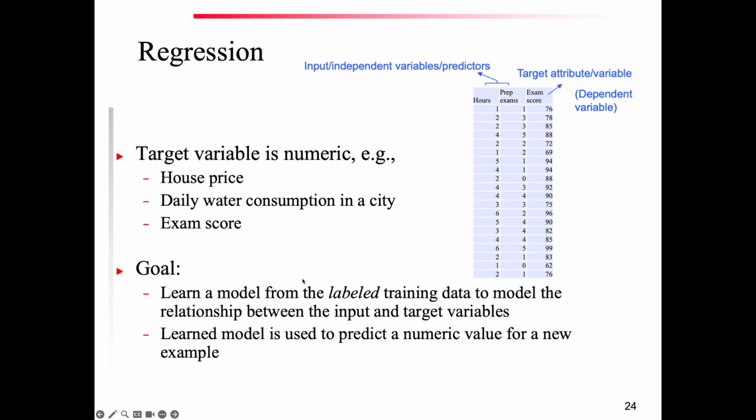So the objective here is to learn a model from the labeled training data to model the relationship between input and target variables. So this is another difference. So what was the goal in classification? We were learning a model, again, based on labeled training data, but what was the difference? Yeah.